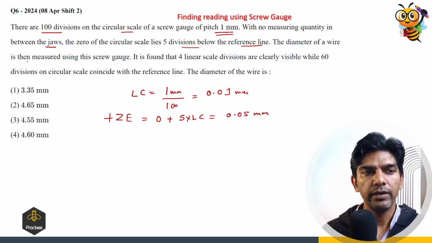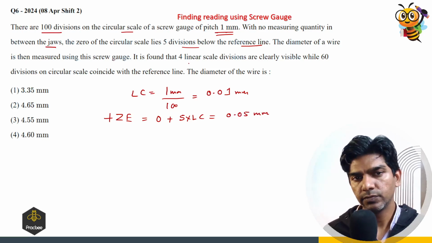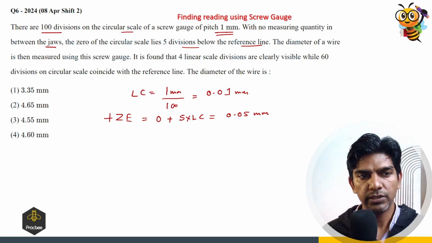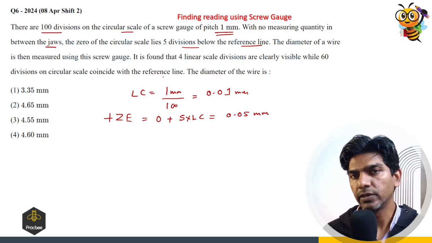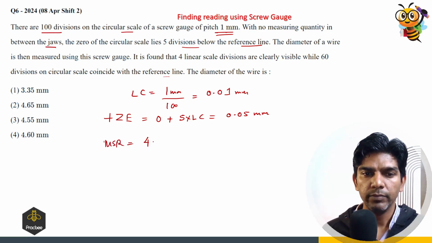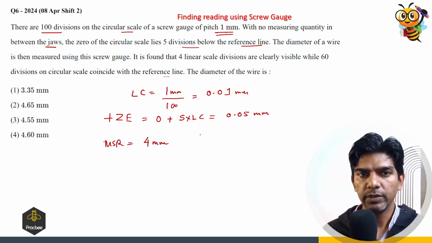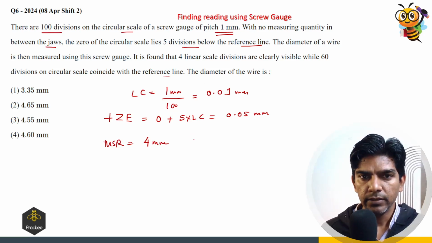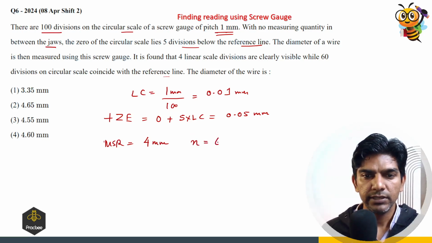The diameter of the wire is then measured using the screw gauge. It is found that 4 linear scale divisions are clearly visible while 60 divisions on the circular scale coincide with the reference line. So here main scale reading is given as 4 millimeter because pitch is 1 millimeter, right? And n is given as 60.